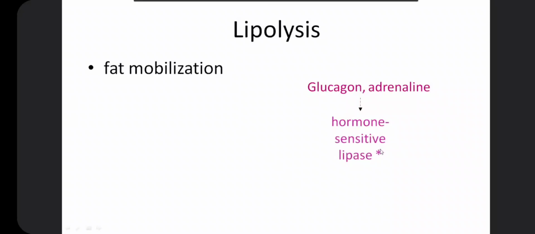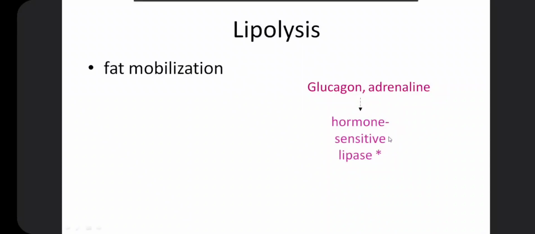And this slide shows you the process of fat mobilization. You should remember that fat mobilization mainly occurs in the adipose cells. In the adipose cells, there is a very important enzyme, hormone-sensitive lipase, and this hormone-sensitive lipase can be activated by glucagon and adrenaline.